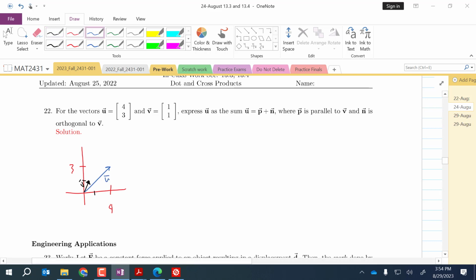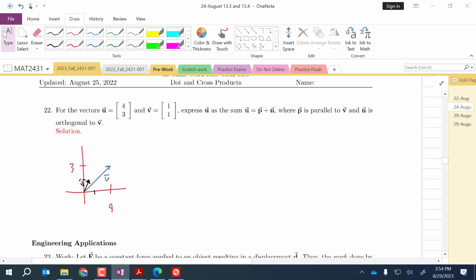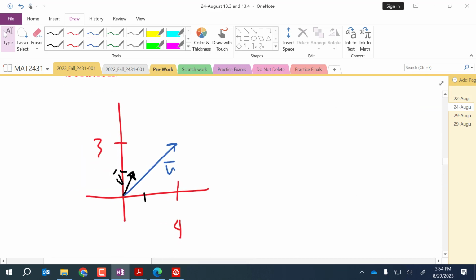And what I want to do is write vector u in terms of its components, well, not components as in these two orthogonal lines, but instead write vector u as the sum of two vectors, one which is parallel to vector v here, and one which is orthogonal to vector v. Okay?